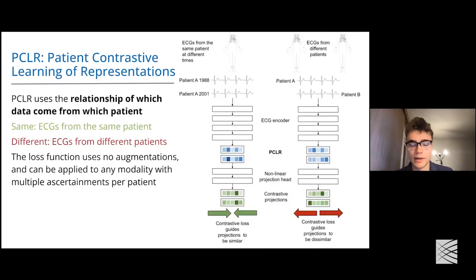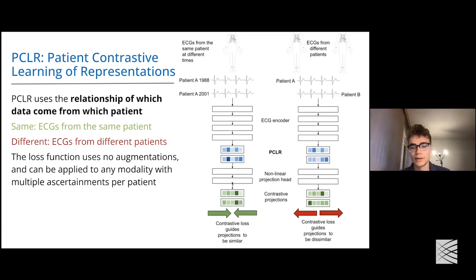Let me go back and explain this diagram. On the left-hand column, we have two ECGs from the same patient, and let's just follow one of them going through the neural network. First, it goes through an ECG encoder, for which we used a 1D convolutional ResNet, and that outputs the representations, which we're going to use for downstream tasks later in logistic or linear regressions.